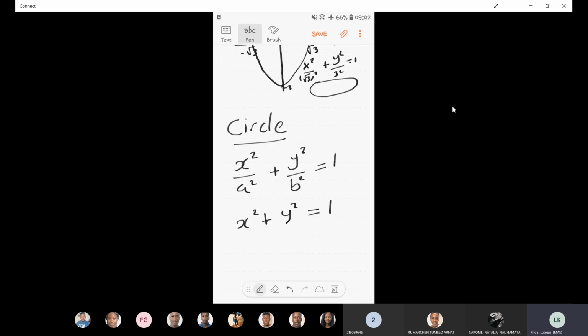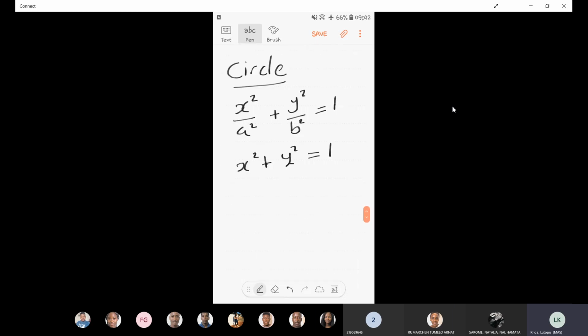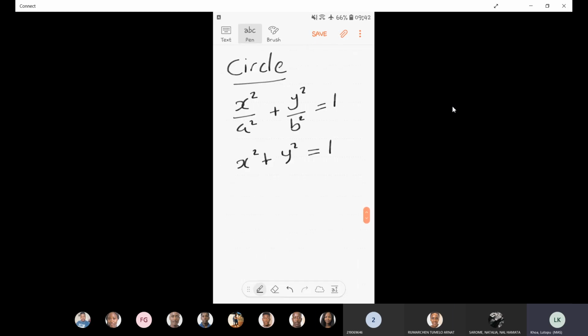Now the general formula of a circle looks like this. You say (x minus a) squared plus (y minus b) squared, and this is equal to r squared. So you will try and write it in this form.